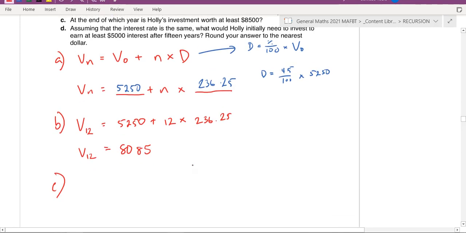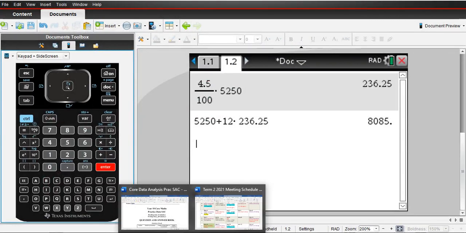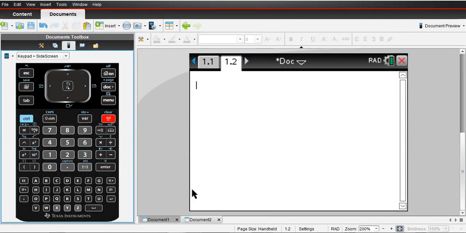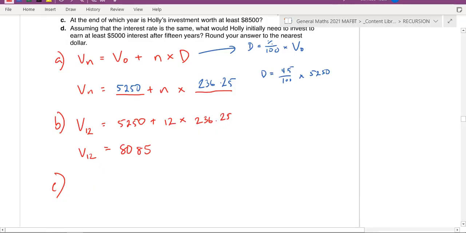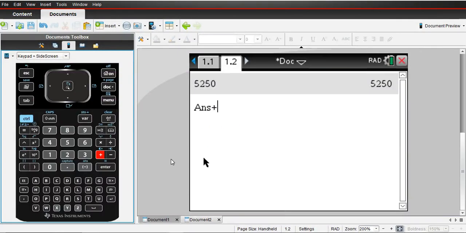Part C, when will it be worth at least 8,500? So use your calculator for this, work it out recursively. So always start with, what was the first number? 52.50. There's my V0, press enter, and then you're going to go plus the common difference of 2.3625.